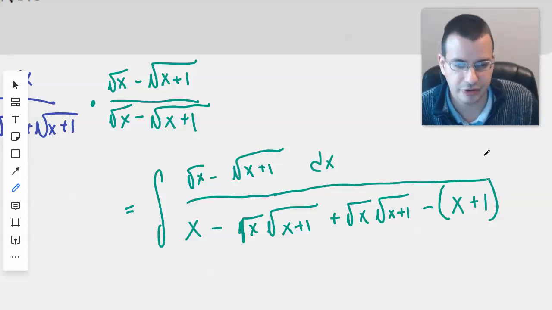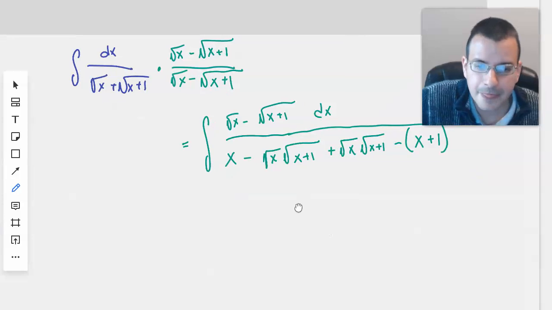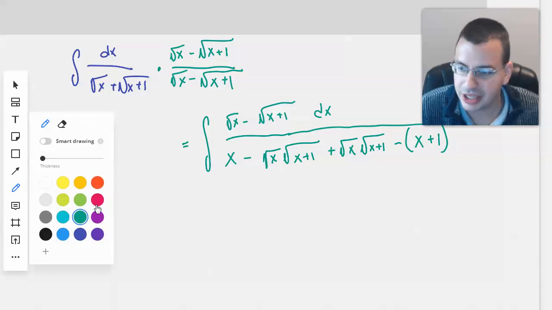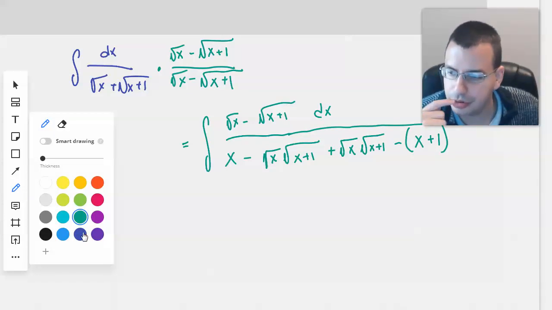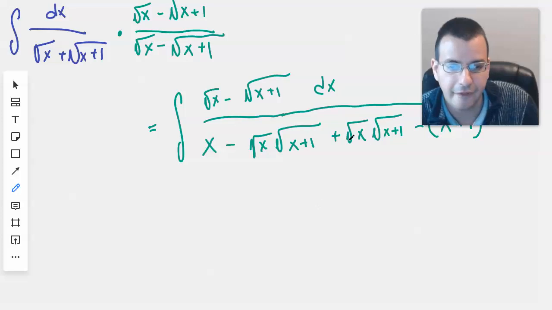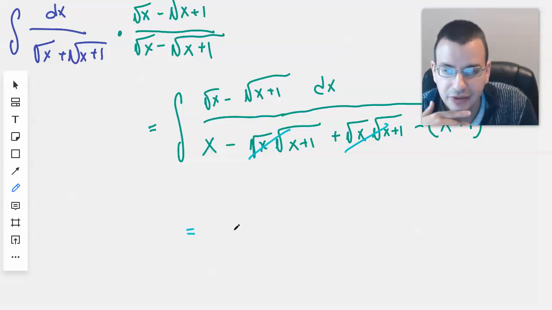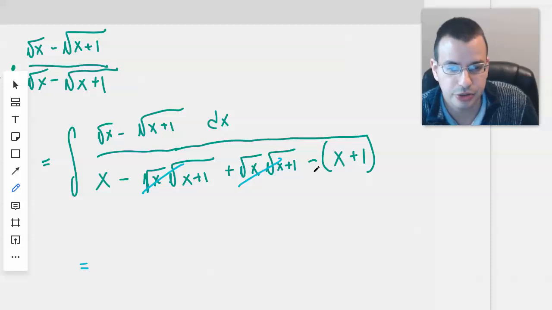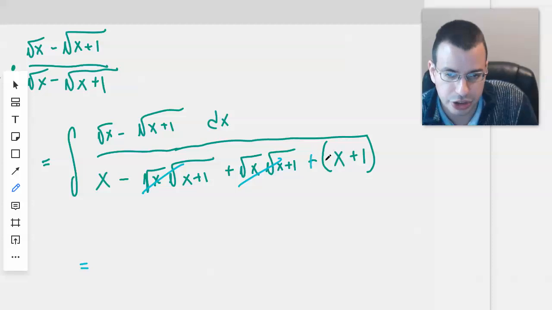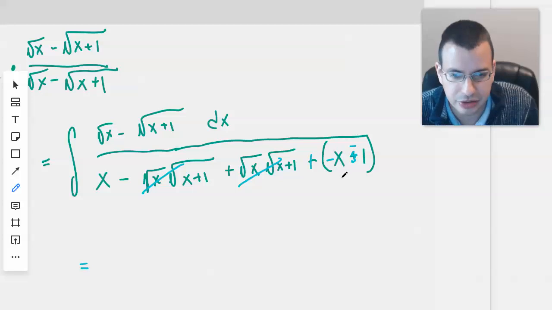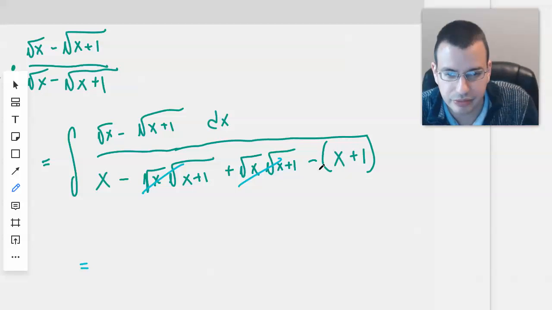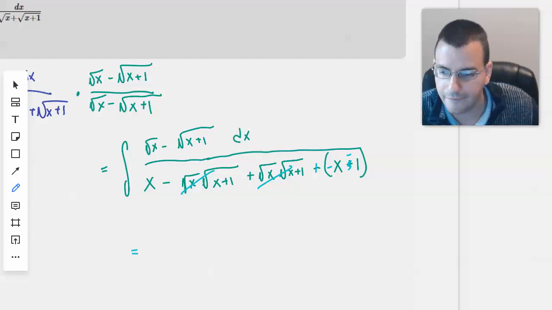The interior parts cancel because we have a negative and a plus. Then I distribute the negative sign: we have a negative x and a negative 1.